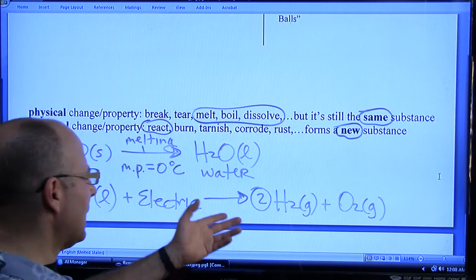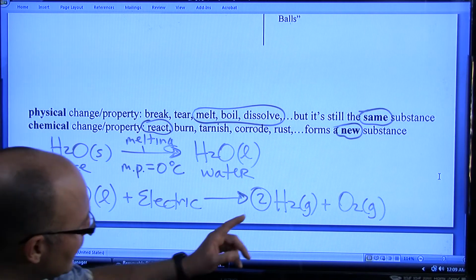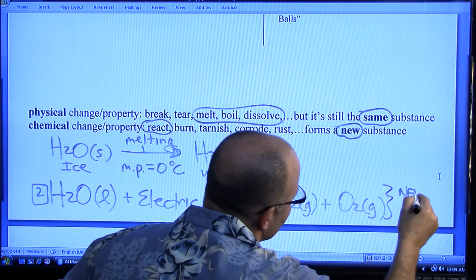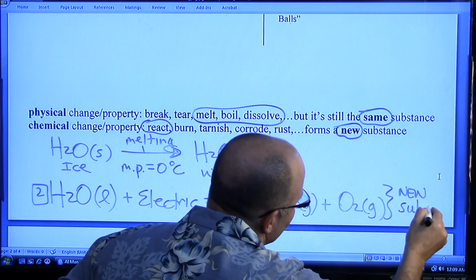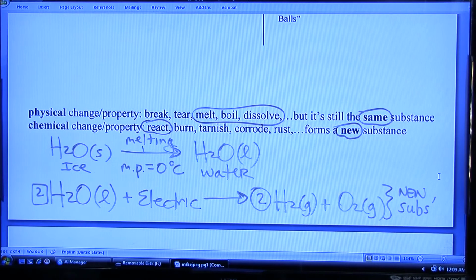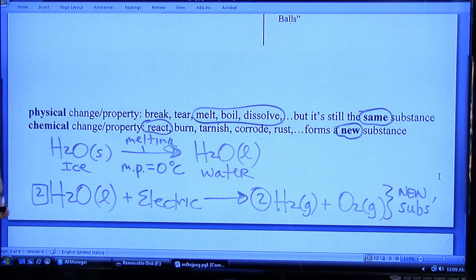Now, you may have forgotten how to balance, but we'll do that later. The point is that we end up here with new substances. These are new substances. And so this process of breaking water down into its elements would be an example of a chemical change.